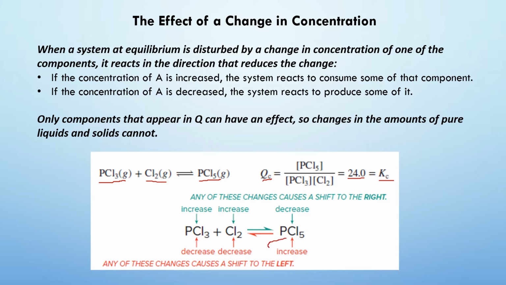If we increase the amount of PCl5, the increase will be reacted into the reactant, so this reaction is shifted to the left, or we say this net reaction has a direction to the left.